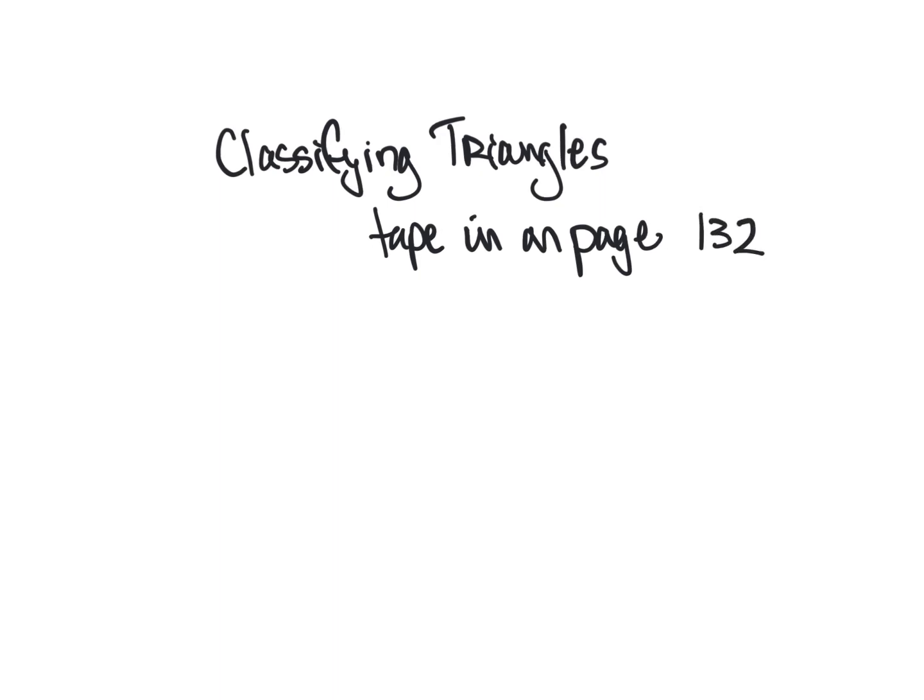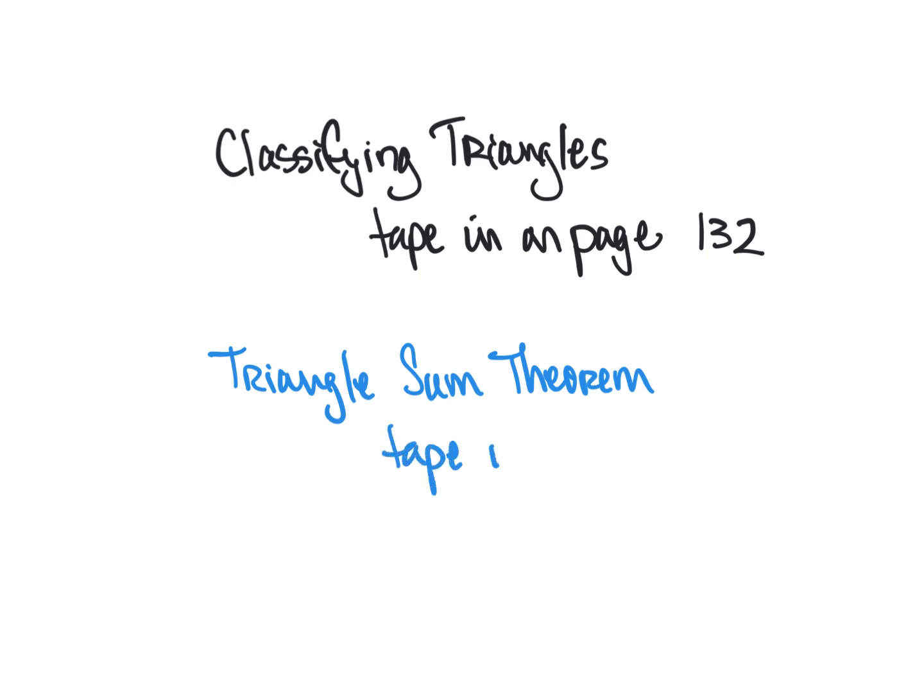And then the triangle sum theorem paper, we're going to tape in on page 133. So both of these pages, fold it hamburger style. One should go on 132, that's the classifying triangles. The other one, the triangle sum theorem, goes on page 133.